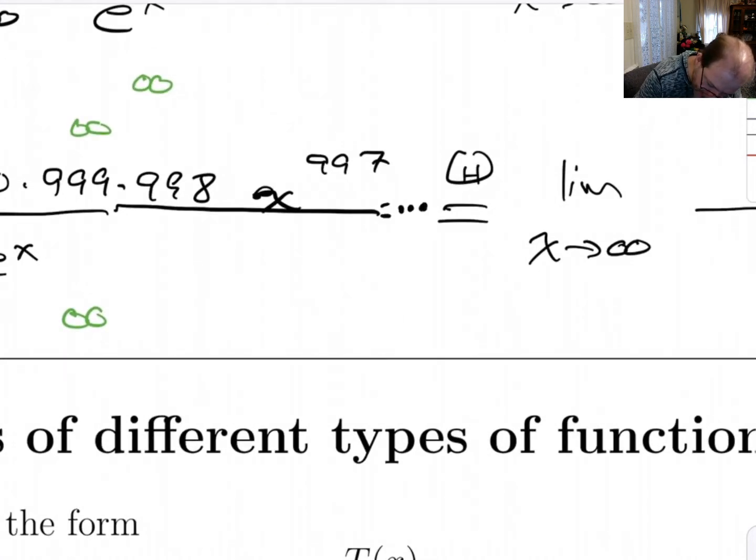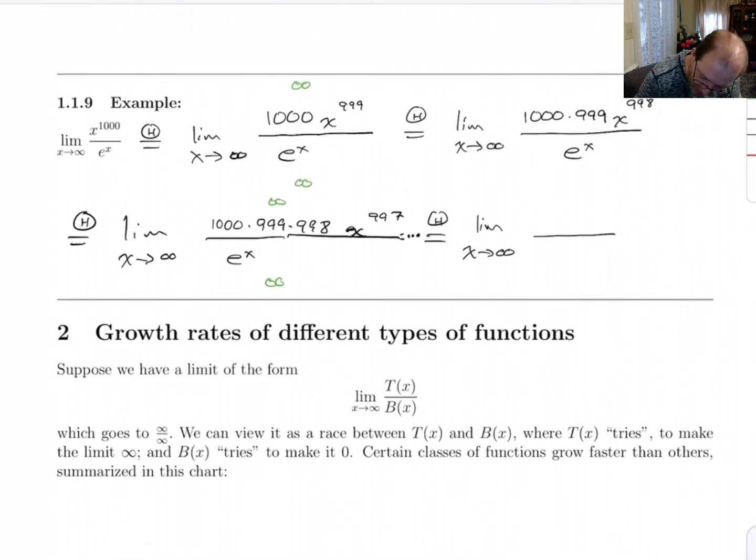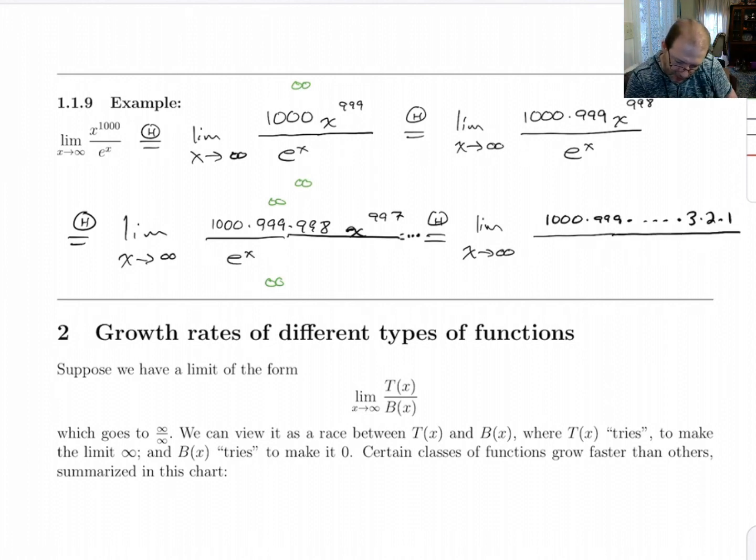After a bunch of these, what we're eventually going to have is 1,000 times 999 times yada, yada, yada, 3, 2, 1. Because notice what happens. Every time we go from one to the next, we get another number multiplied on the front, and this exponent up here goes down by 1. So if we did this 1,000 times, we'd eventually have this.